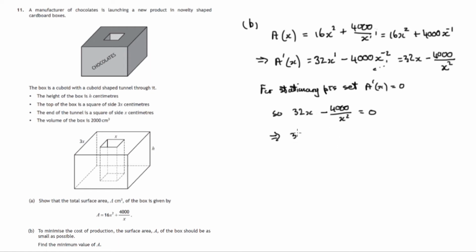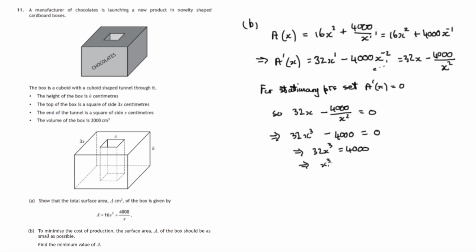So we'll get 32 x squared times x is x cubed. Minus, we'll just be left with 4,000 when we multiply it by x squared. And x squared times 0 is just 0. So we're ending up with 32x cubed equaling 4,000.